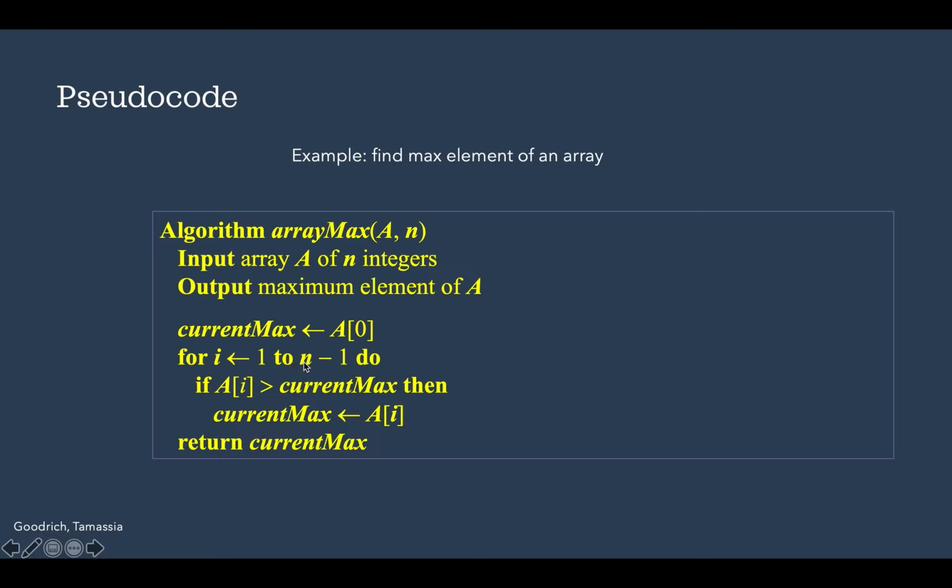Then you have condition checking, which is i less than n. That is one comparison. Then you have i equal to i plus 1, that is, you have two operations there.